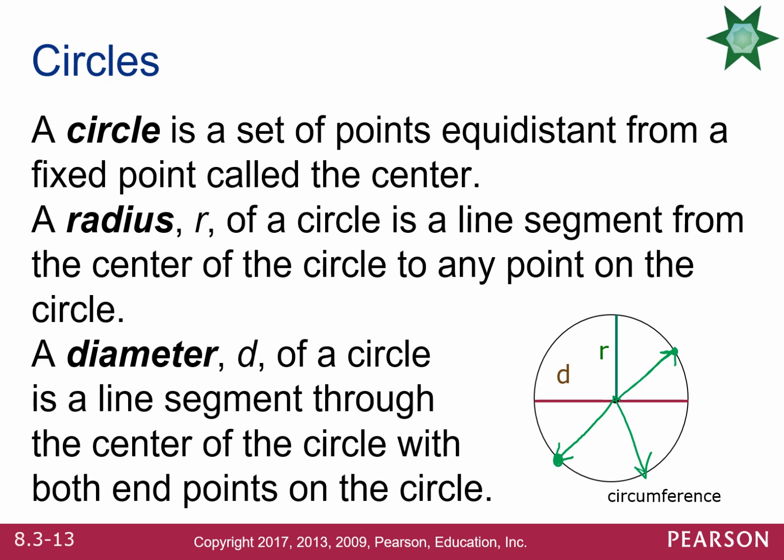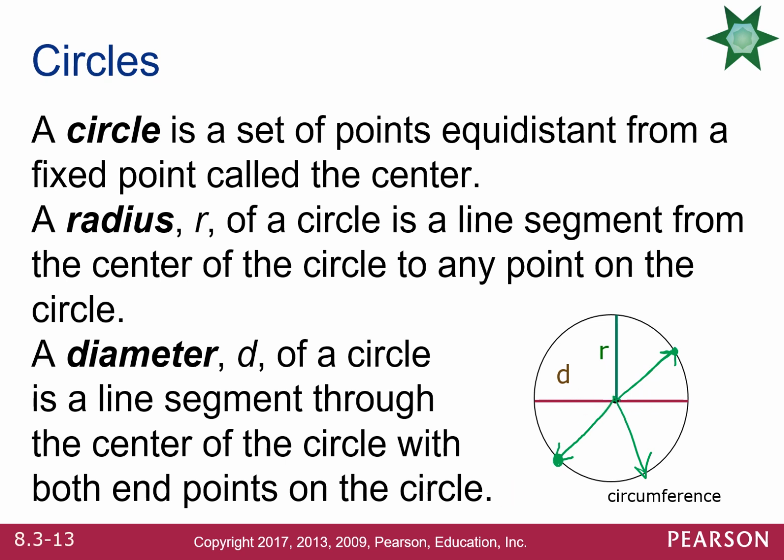Let's bring up the definition of it. It says a diameter d of a circle is a line segment through the center of the circle with both end points on the circle. So it basically connects the opposite ends of the circle and passes through the center point. And the diameter is double the length of r, because you have two radii.